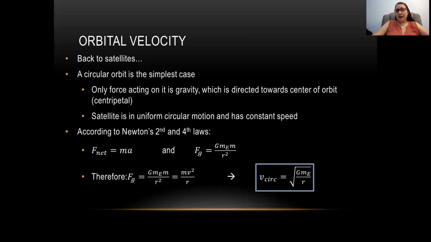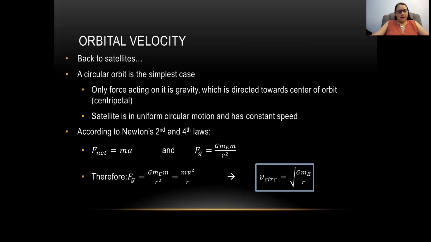So that definitely depends on the radius of the orbit. The closer it is versus the farther away it is, that will make a difference on the speed it will have. So many satellites have nearly circular orbits, again, because that's the simplest case to try to plan for.